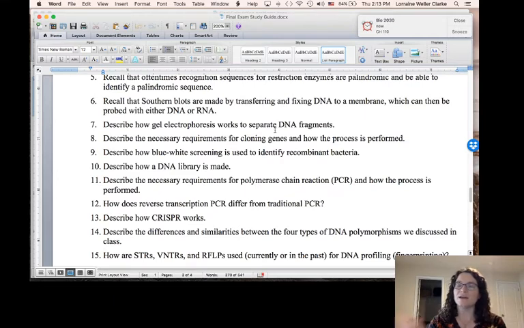And then you have the one that checks if the bacteria itself took up the plasmid. You have that extra selecting gene on there, like an antibiotic resistance gene, and only the ones with the plasmid will be able to resist antibiotics.